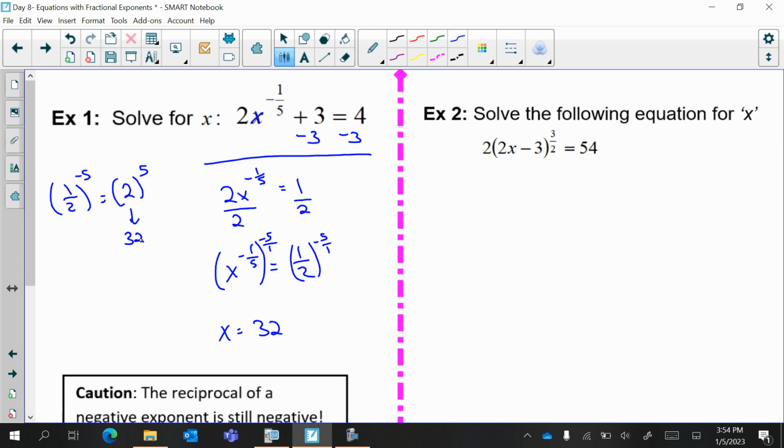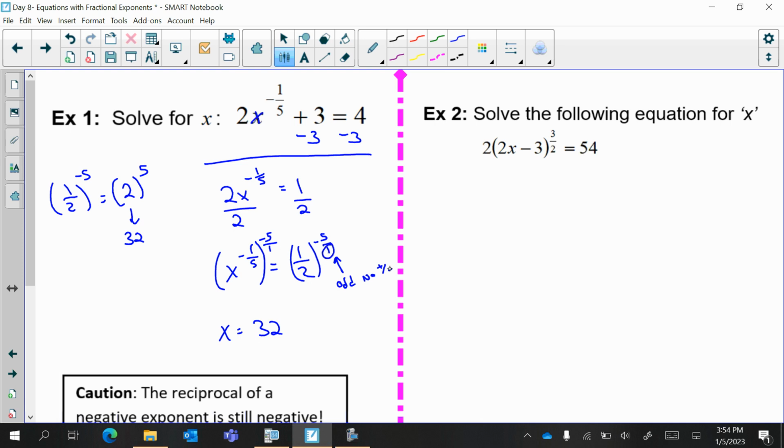What is super important is to always look at the denominator. The denominator here is odd. If your denominator is odd, then you do not need a plus or minus in your answer. If your denominator is even, then you do need a plus or minus in your answer because the denominator represents a root.